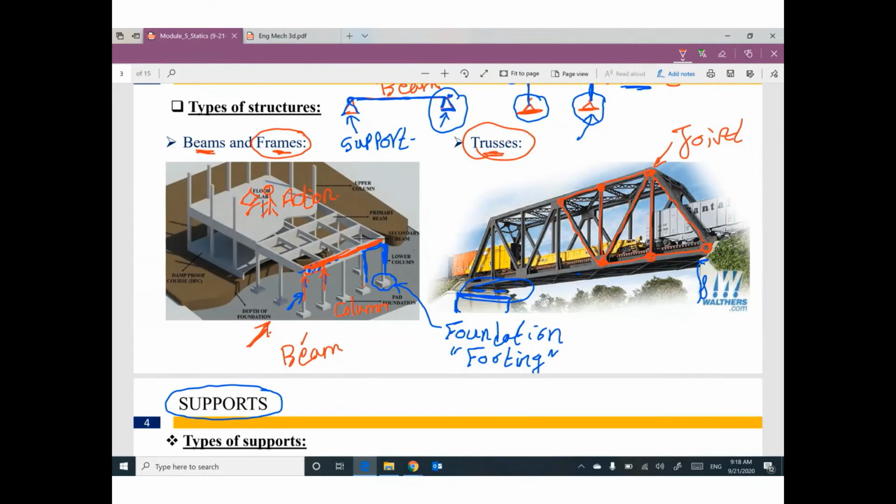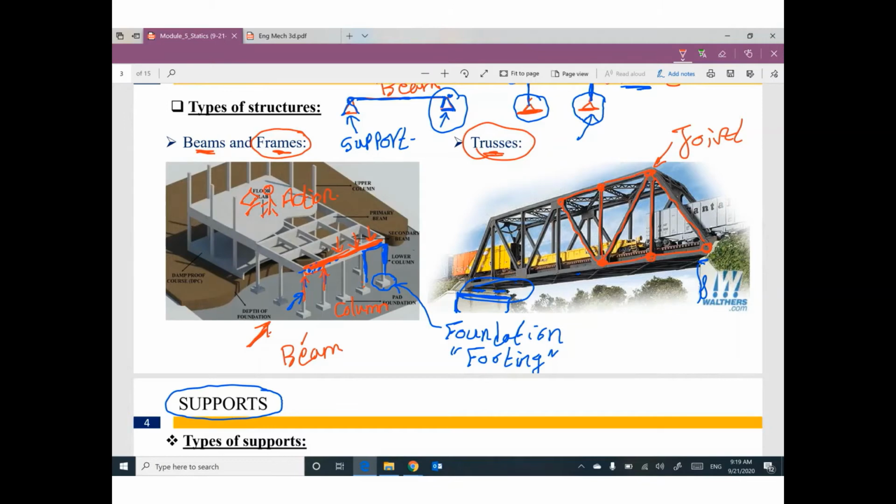Your desk is action. Your laptop, your dressing, everything in your apartment is action load. This action load is coming on this beam, so the column is supporting the beam. So the column will react. We have action and reaction.